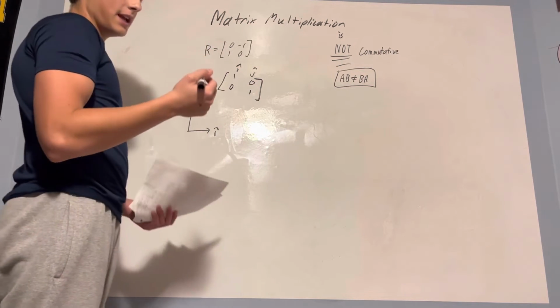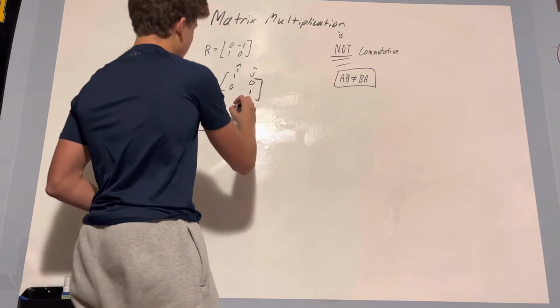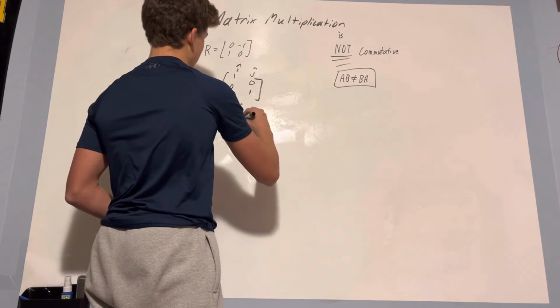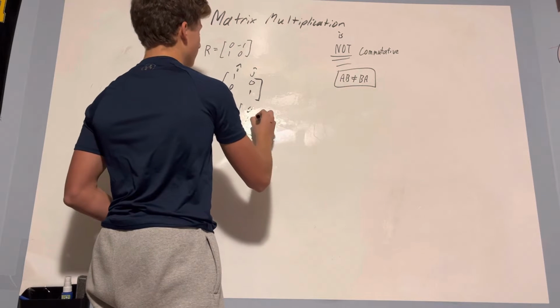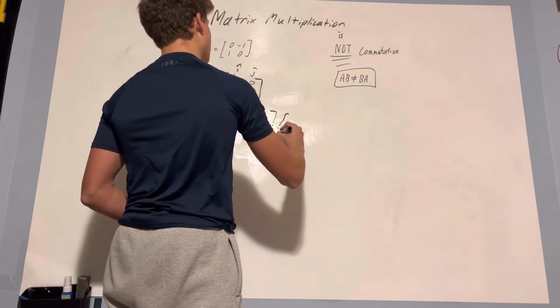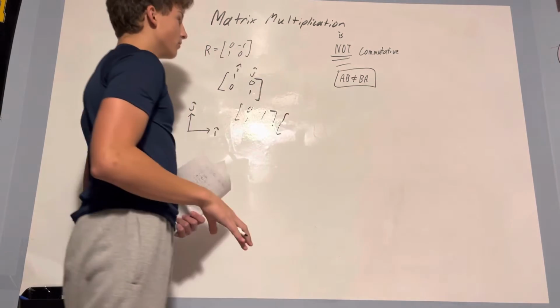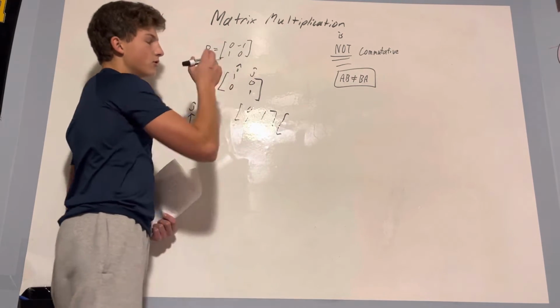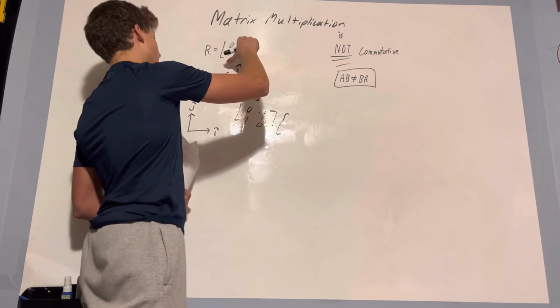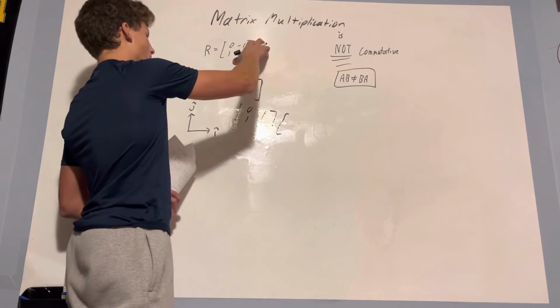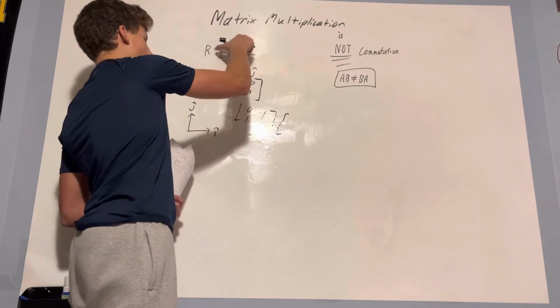And what we're going to get is pretty interesting. So let's multiply these two, some more good practice of matrix multiplication. We know that we can multiply these because they're both 2 by 2 matrices. We're going to multiply R by this, applying some transformation to it.